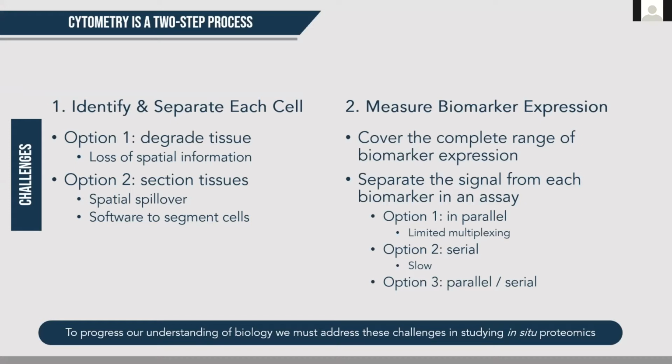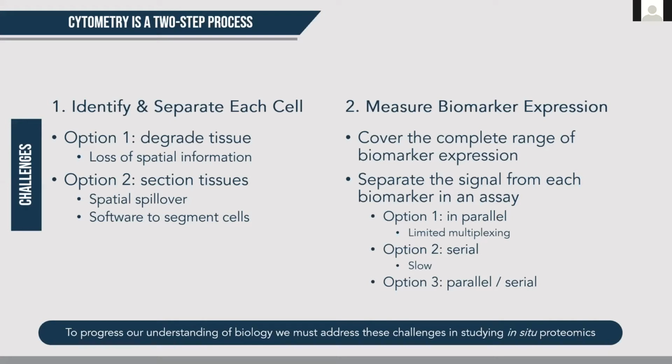The second option would be to section tissues, where we take a very three-dimensional arrangement of cells and try to approximate it with a two-dimensional view. When we do this, we have a lot of stereological effects that result in spatial spillover from slightly overlapping cells in the third dimension. We try to address this with some various software applications, and I'll talk about how ChipCytometry addresses this as well.